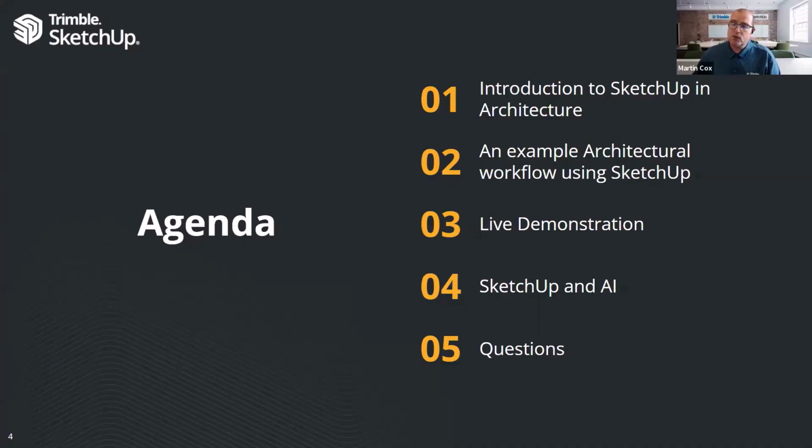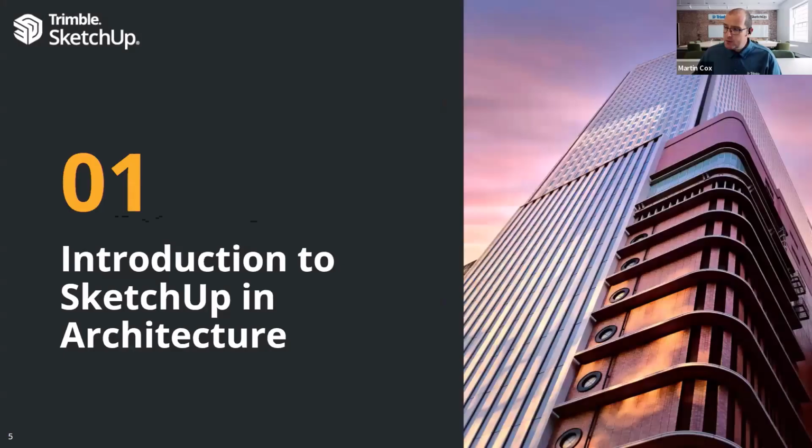And then I want to talk about SketchUp and AI, where AI is in SketchUp at the moment and where AI could potentially be going. And then time for questions at the end. But as I said, ask questions as we go through, and potentially I can stop and answer as many as I can.